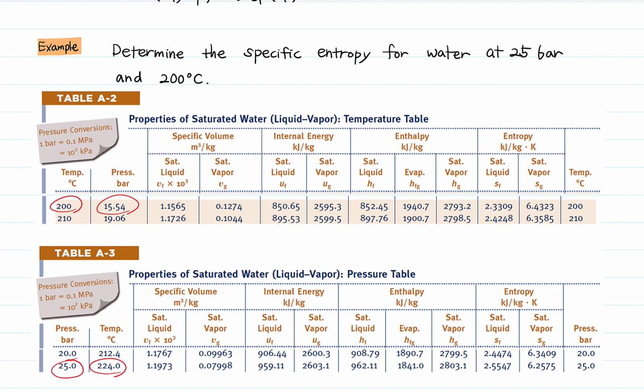So we should use table A2. At 200 degrees Celsius, the compressed liquid may be approximated by the saturated liquid. So entropy for the saturated liquid is 2.3309 kJ per kilogram Kelvin. Do not determine the entropy based on the pressure.